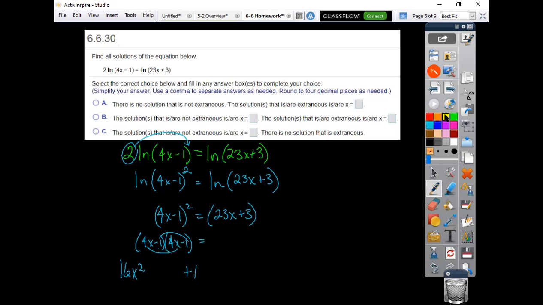And then don't forget in the middle, you've got a negative 4x here and a negative 4x here for a negative 8x there. Okay, and then you've got 23x plus 3. Subtract your 23x over, that's negative 31x then, and subtract your 3 over, and you've got a negative 2.